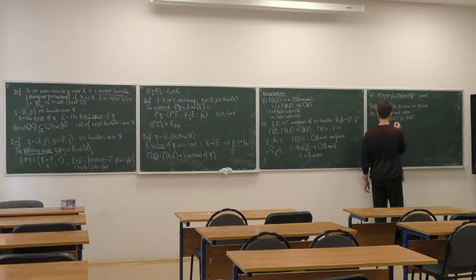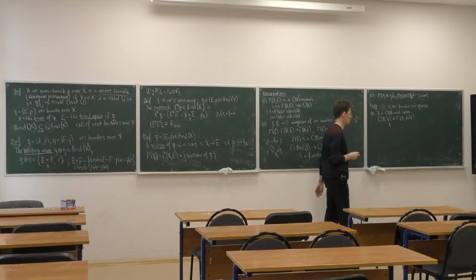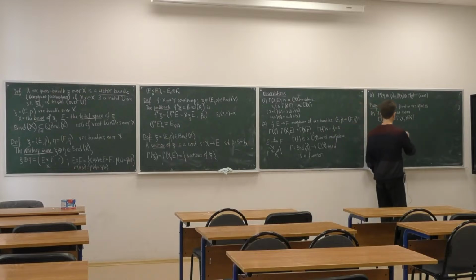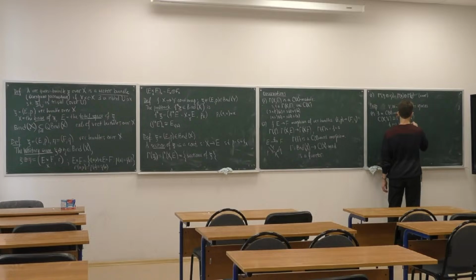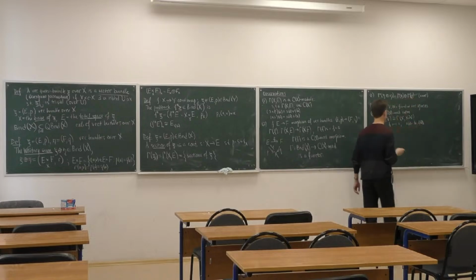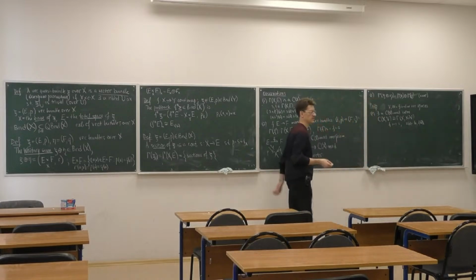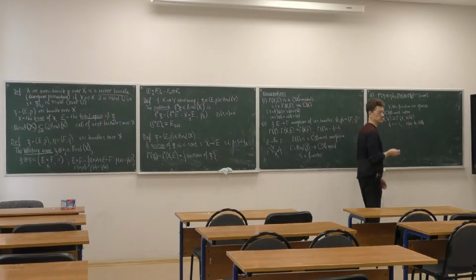If f is a continuous function on X with values in V, then the corresponding section S takes every point x to the pair (x, f(x)). And this is easily seen to be a one-to-one correspondence and actually a C(X)-module isomorphism.